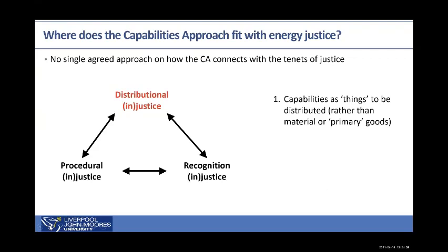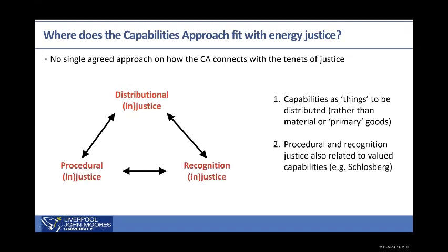This is a view that sees capabilities as the things that are being distributed rather than, for example, material goods or other kinds of primary goods or material resources. An alternative way that some people in environmental justice literature have proposed is that procedural justice and recognition justice issues can also be related to certain valued capabilities. And this is an approach that David Schlosberg has used.